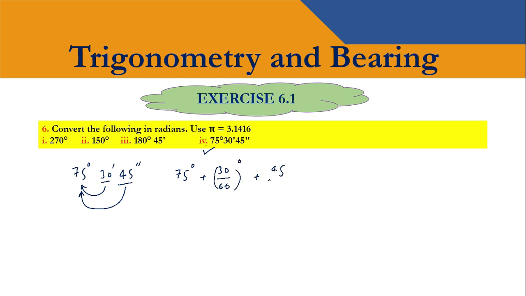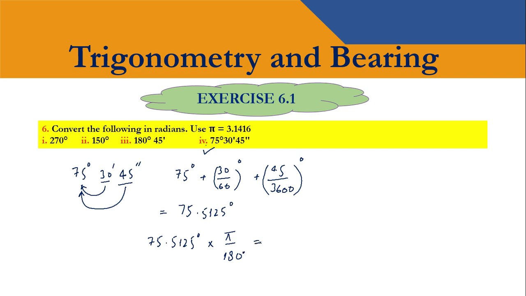Then 45 divided by 3600 will convert into degrees. 75.5125 degrees. Now we have to convert that degrees into radians. To convert the degrees into radians, 75.5125 degrees multiplied by pi by 180 degrees.